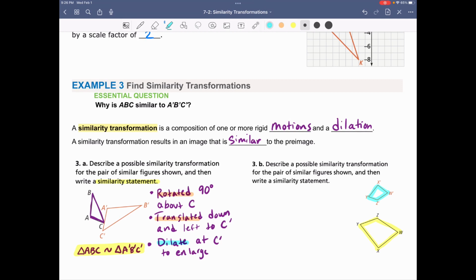It went in another order, so you need to say, how did it get to be that shape there? What possible rigid motions happened? Was it rotated, translated, or reflected maybe? So what do you think happened to get the yellow quadrilateral to become the blue quadrilateral? All right, and talk about that within your groups, and we'll be coming around to hear your conversations.